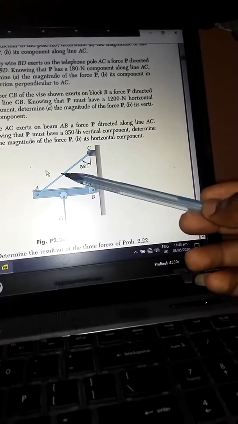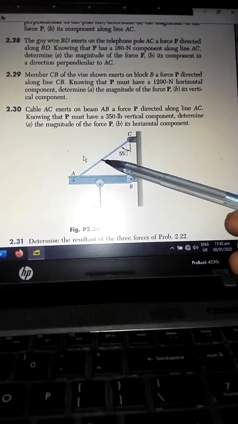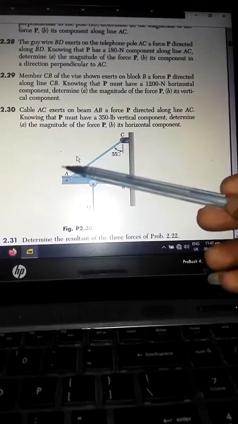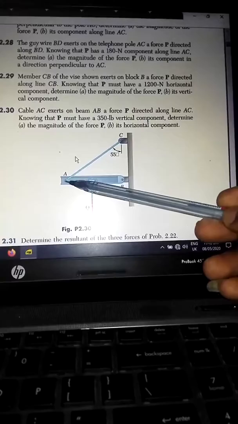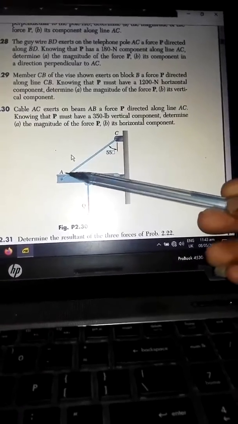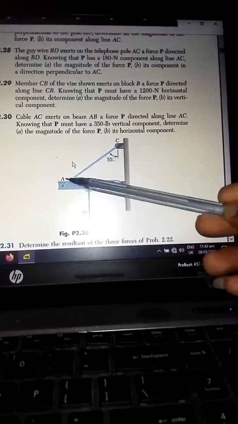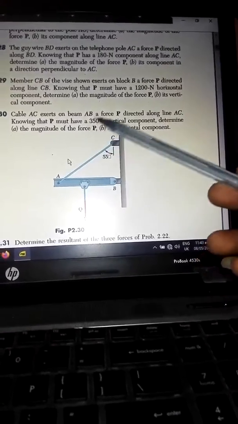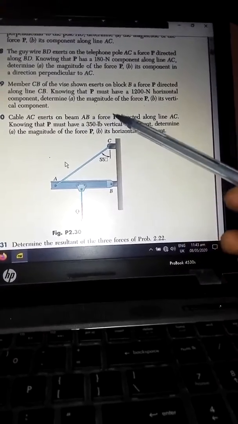So when it is under tension, this is a general or universal case. When you have a rope under tension, the force it exerts at any point is always directed away from that point. Please pay attention to the emphasis on away. It is always directed away from the point in consideration. So what is the point in consideration in this case? They said this cable exerts on beam AB a particular force.